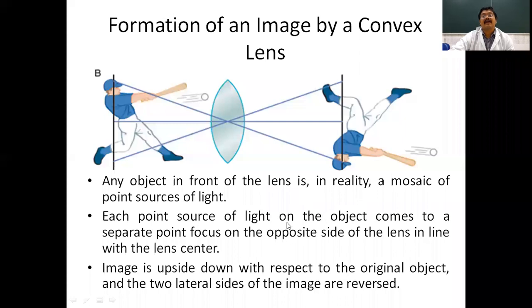Each point source of light on the object comes to a separate point of focus on the opposite side, in a line with the lens center. The image formed by the convex lens will be upside down with respect to the original object, and the two lateral sides of the image are also reversed.